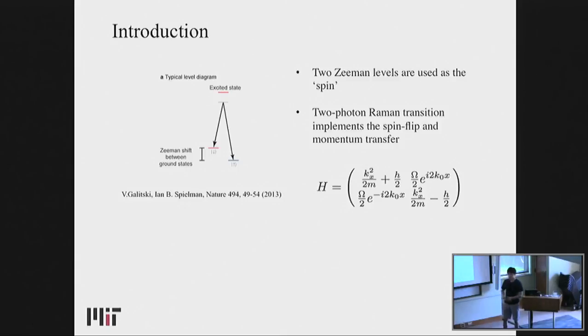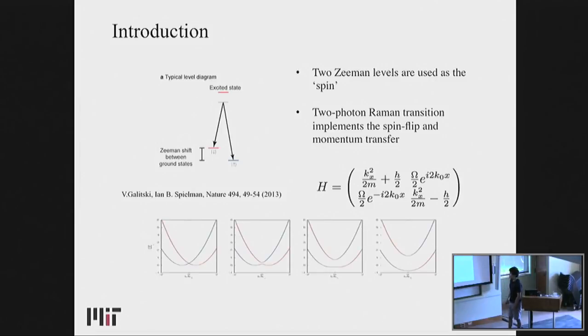If we rotate the frame, we can show this is equivalent to the simplest Hamiltonian of spin-orbit coupling we have: the one-dimensional spin-orbit coupling with equal contributions from Rashba and Dresselhaus coupling. This Hamiltonian gives us a new dispersion relation.